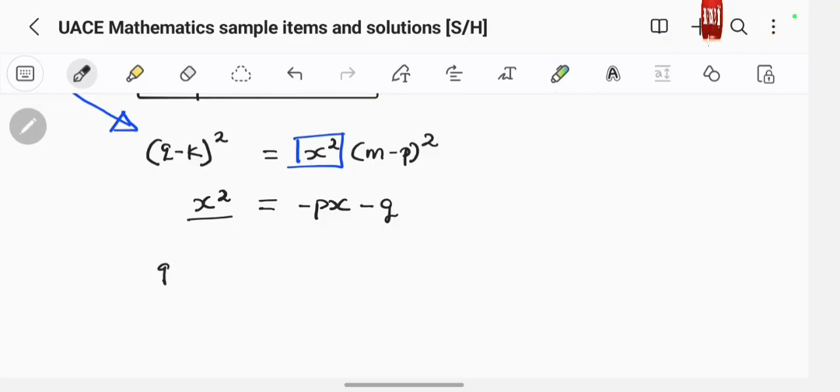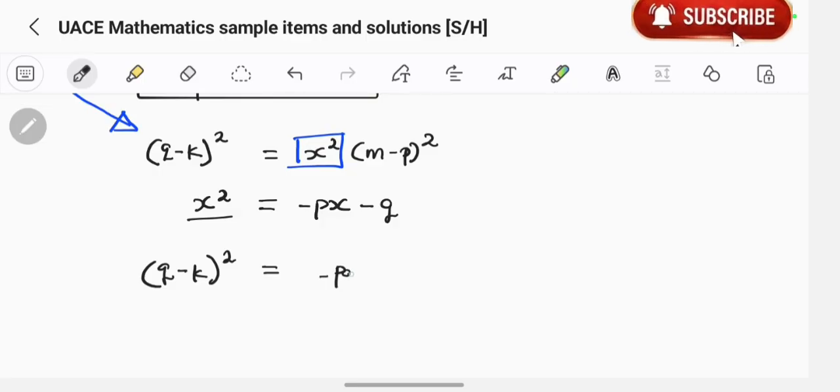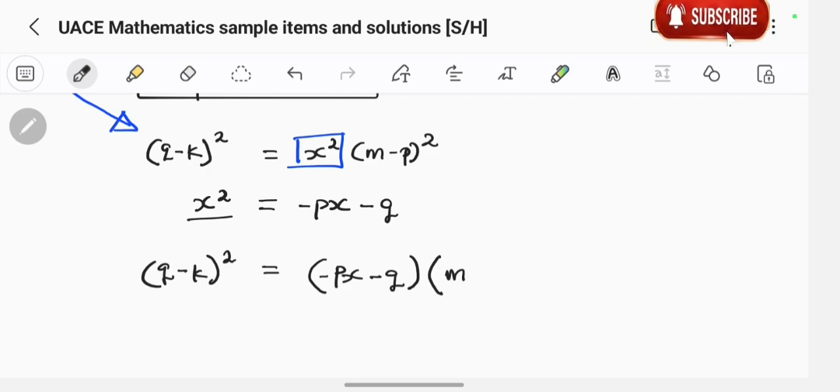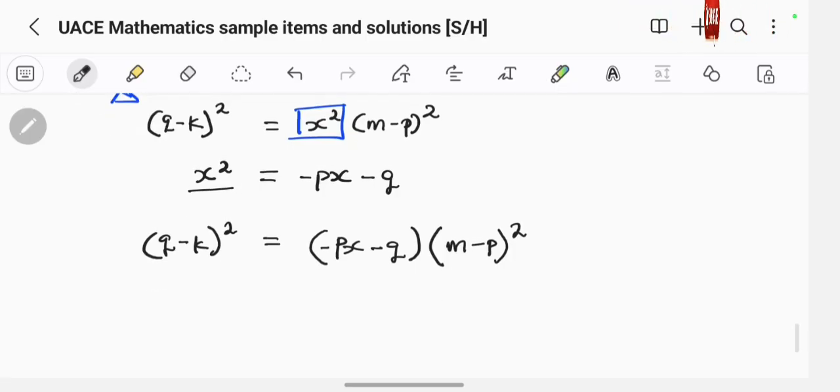Negative px minus q. So I'm going to replace this x squared there. So it's going to be q minus k squared is equal to negative px minus q into m minus p squared. That is it.